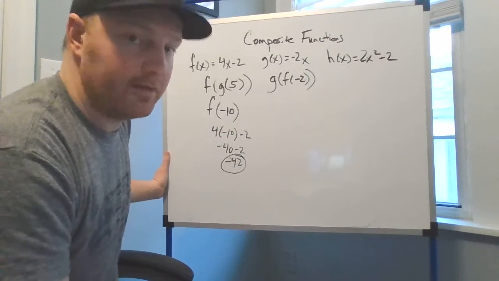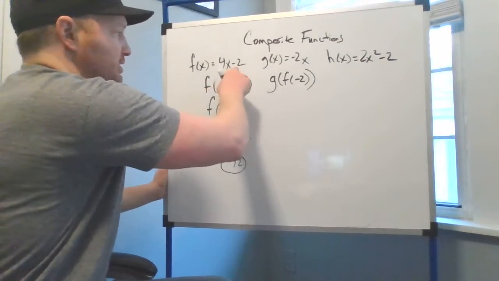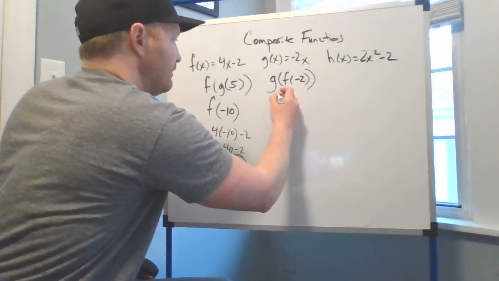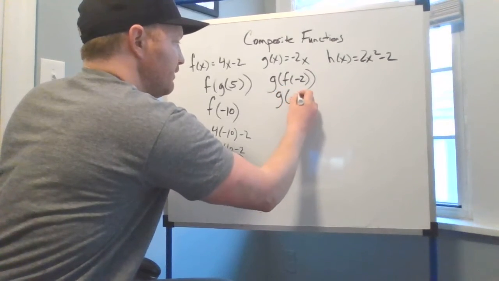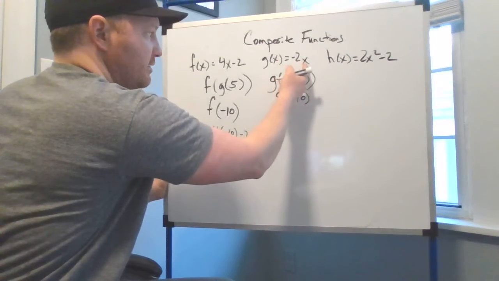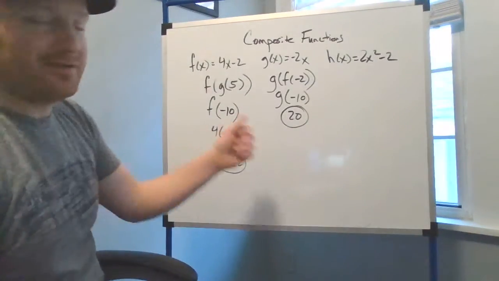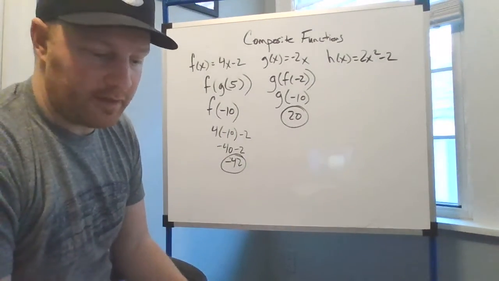I don't want you guys to do all this writing if you don't have to. So negative 2 in place of x is negative 8, minus 2 is now negative 10. So I got g of negative 10. I input the negative 10 in place of x, negative 2 times negative 10 is 20. That is good enough for this type of work, okay?